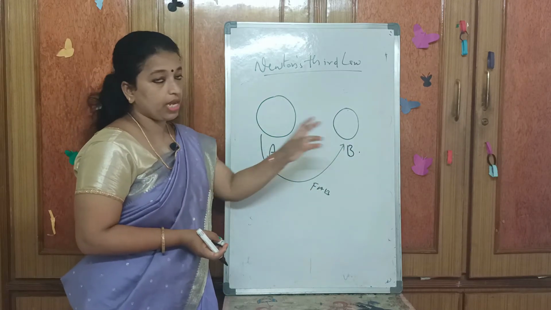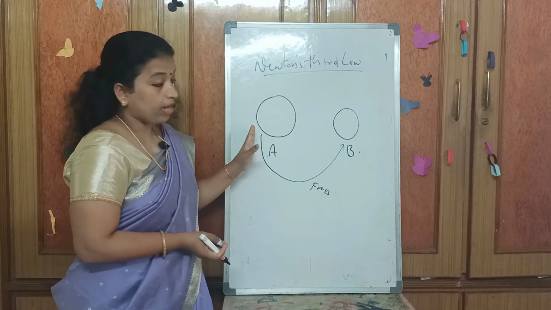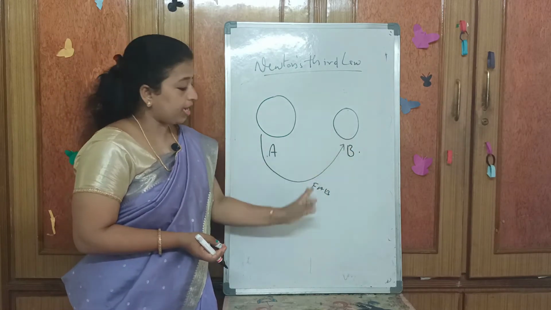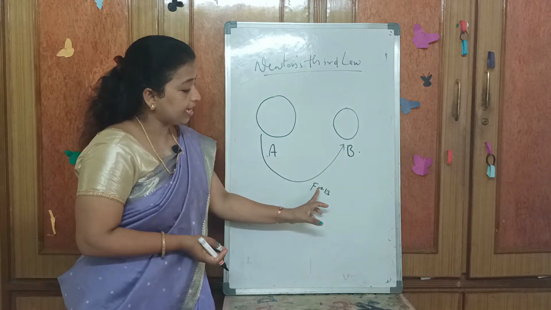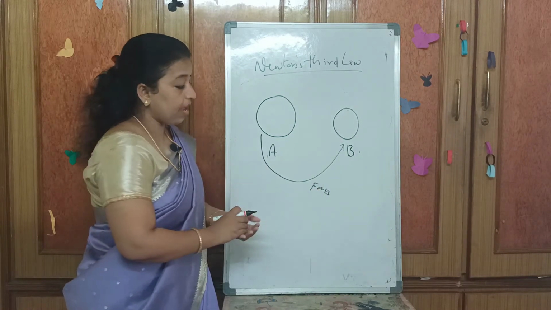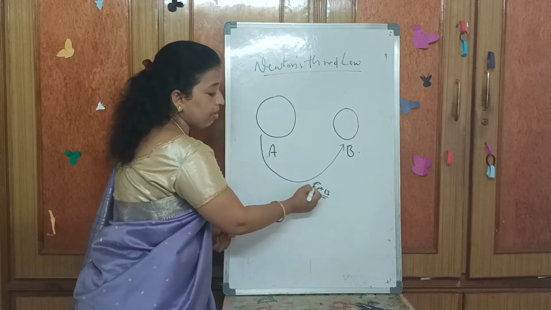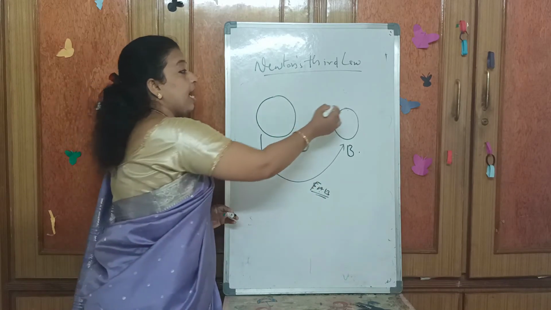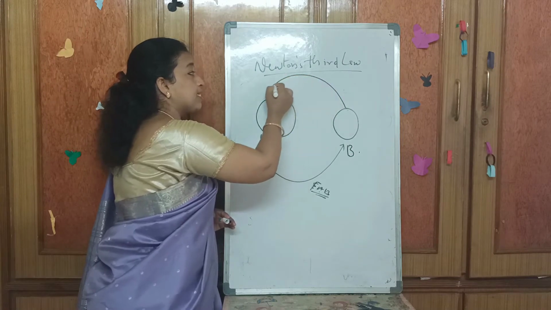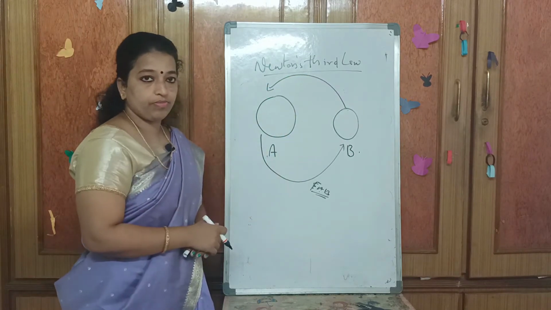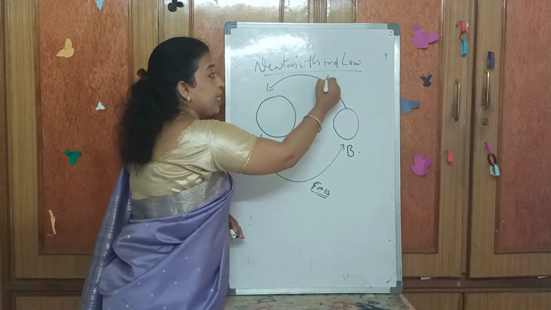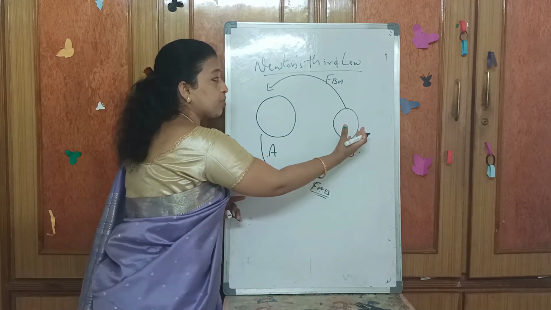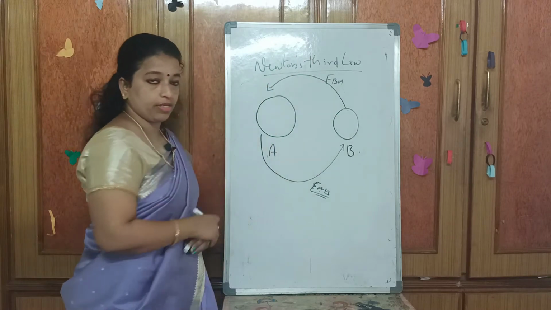So here two objects we have taken. So what happened? One body is exerting some force on the other object. That I can write as force acting A to B, that is FAB. FAB in the sense force acting A to B. At the same time, the other object also exerts some force on the first object with equal magnitude.